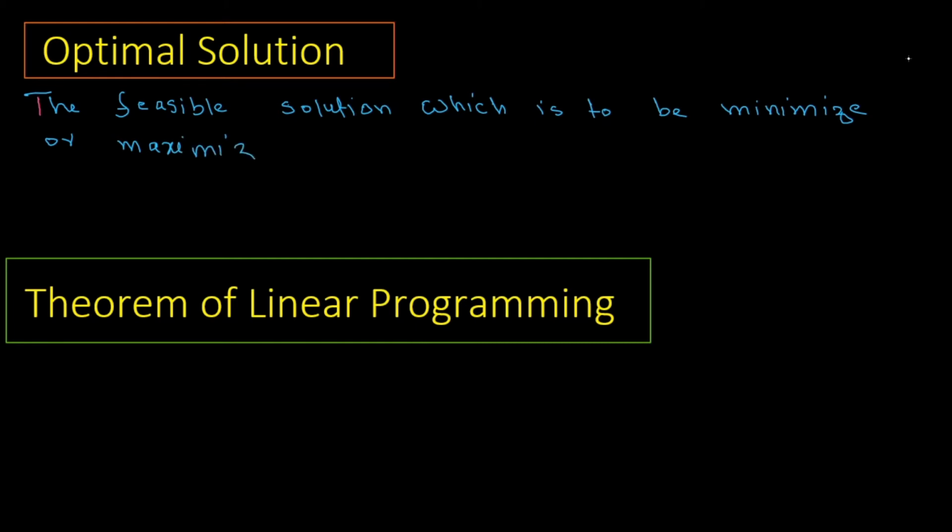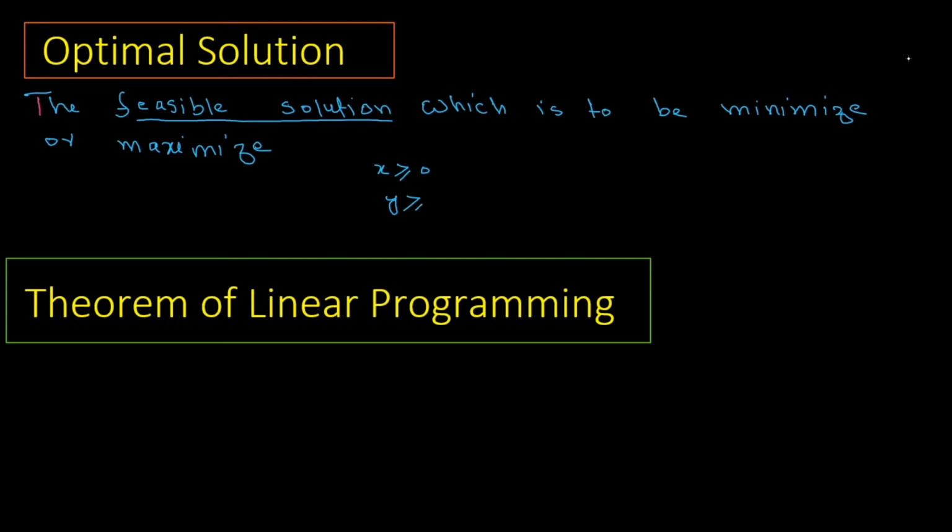Remember that a feasible solution is one which exists in the first quadrant, meaning x is positive and y is positive.